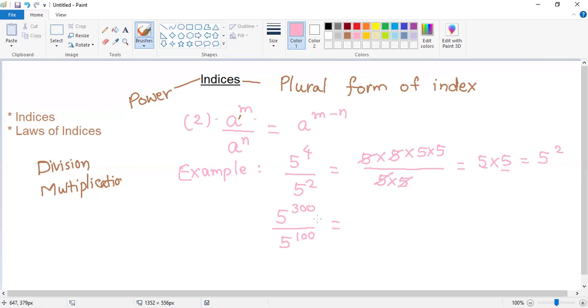Now, if you are going to write this, you are going to take a lot of time writing this and then crossing hundreds out, while you can simply do this: 300 minus 100 will give you 5 power 200. So when you have the same base, a, and different powers in division, you can just subtract the powers and you will get the answer.